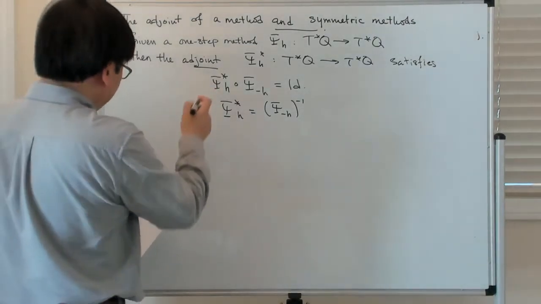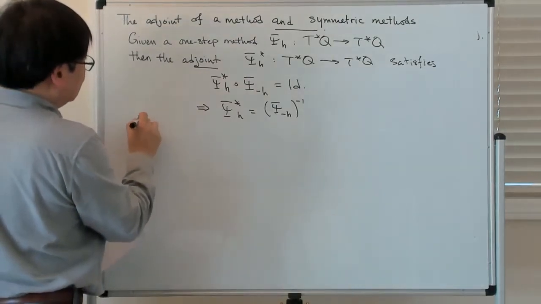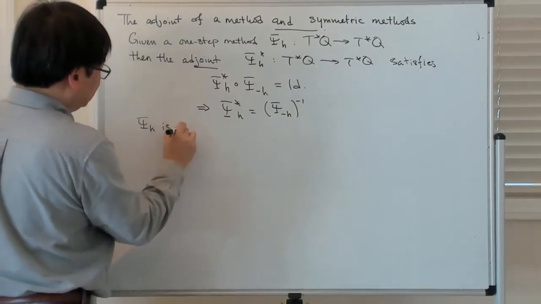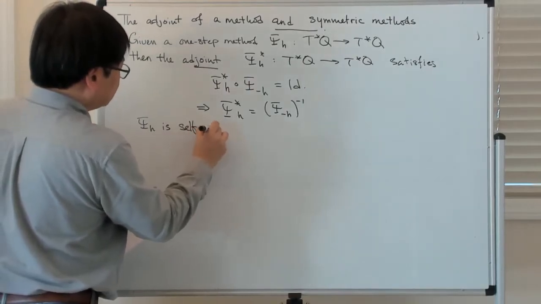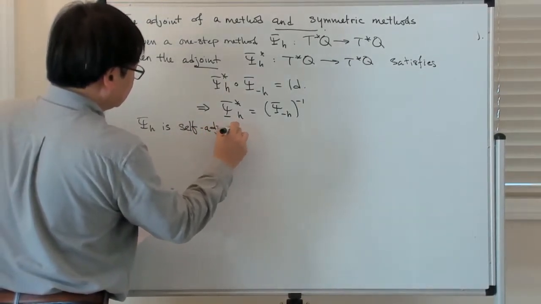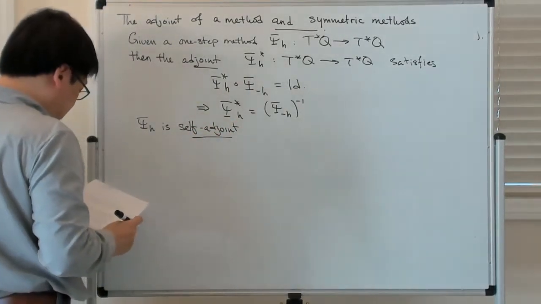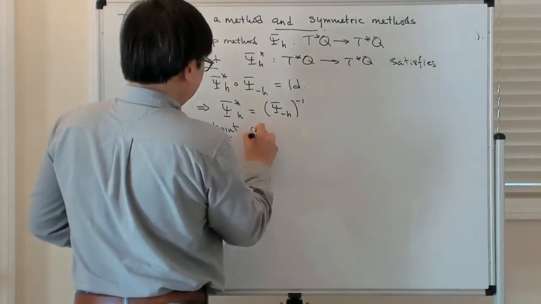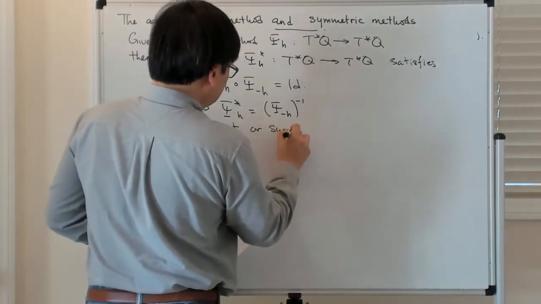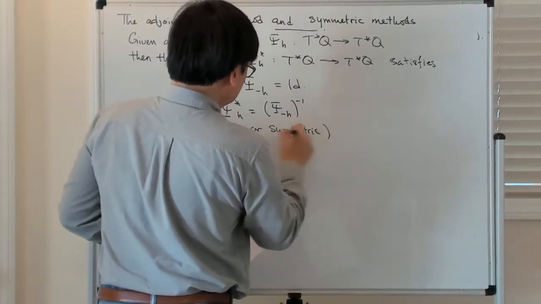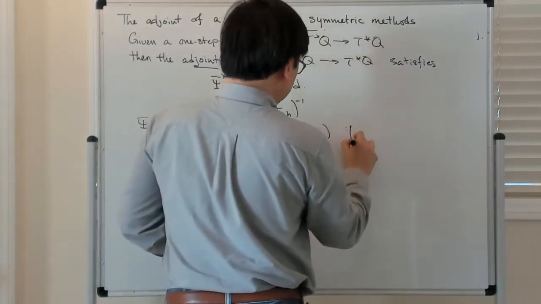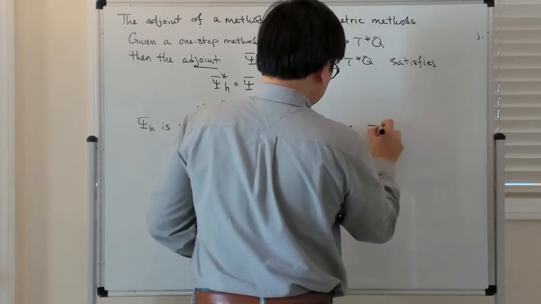But before I say that, a method is self-adjoint, or symmetric, if it is its own adjoint.